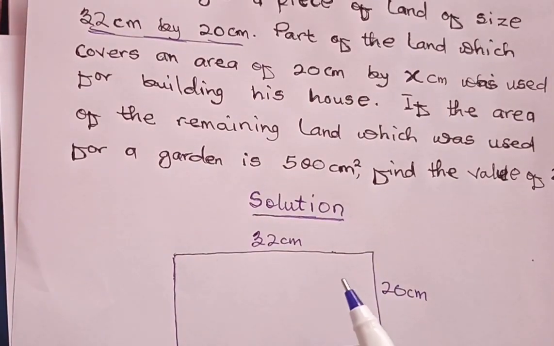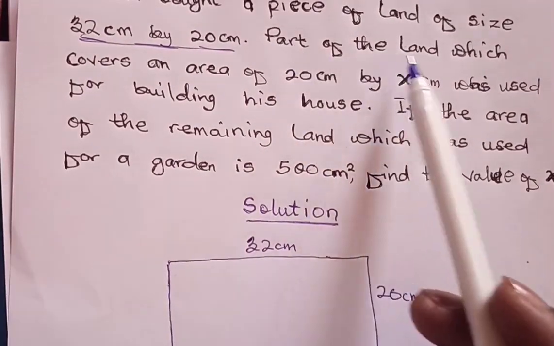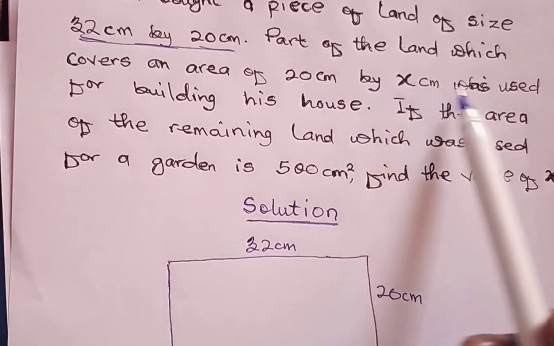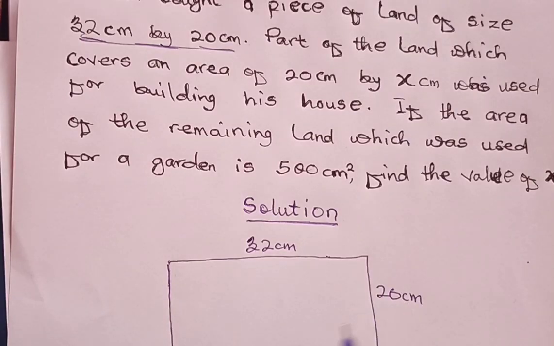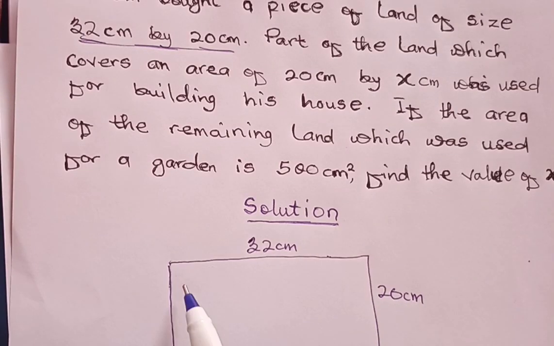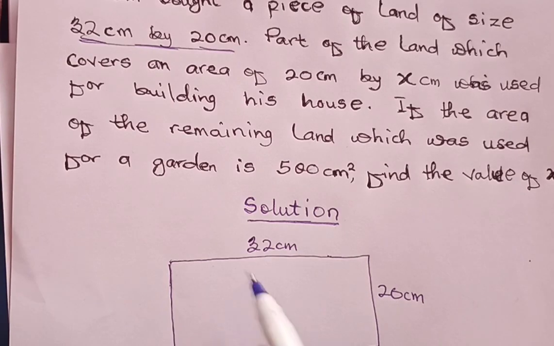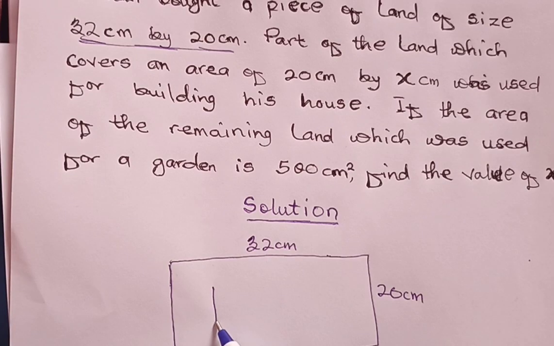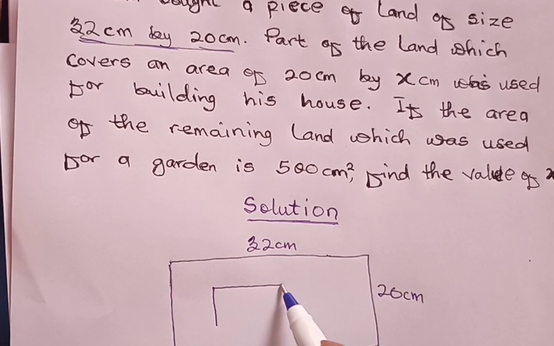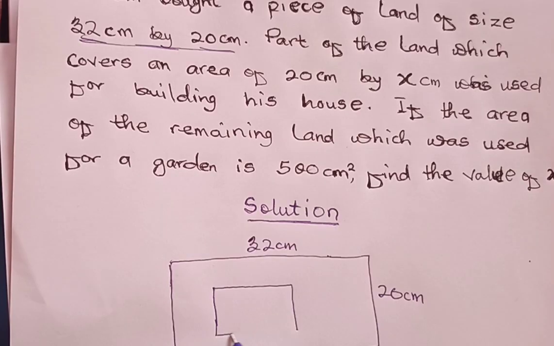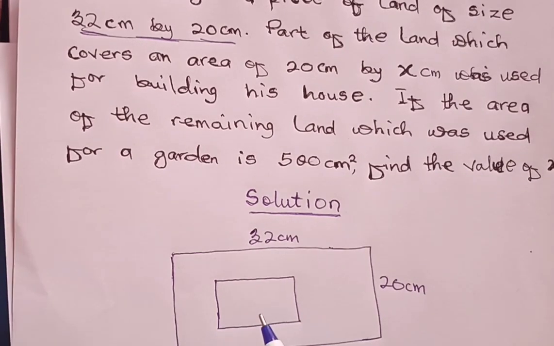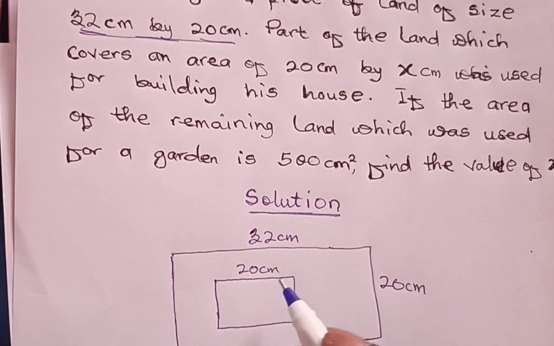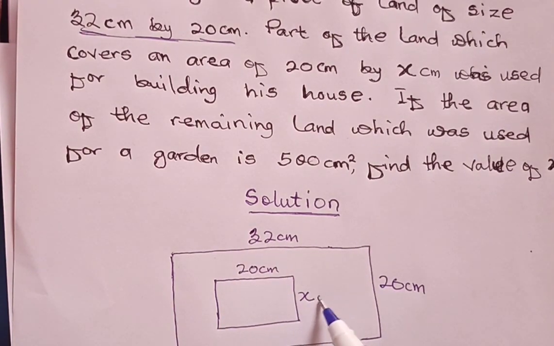The question also says part of the land covers an area of 20 centimeters by X. So let's choose any part of the land. Let me choose here as my part of the land. It is 20 centimeters by X centimeters.